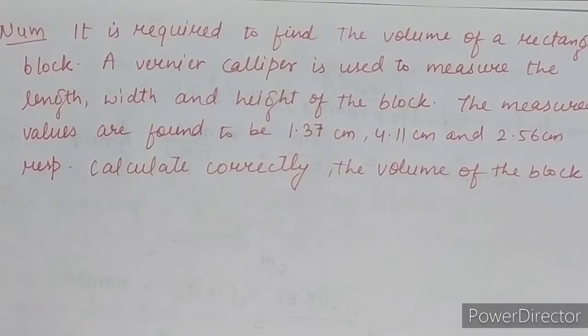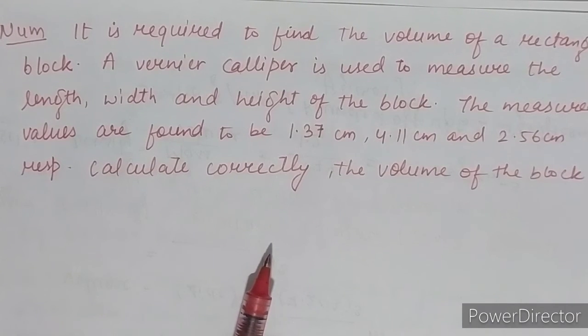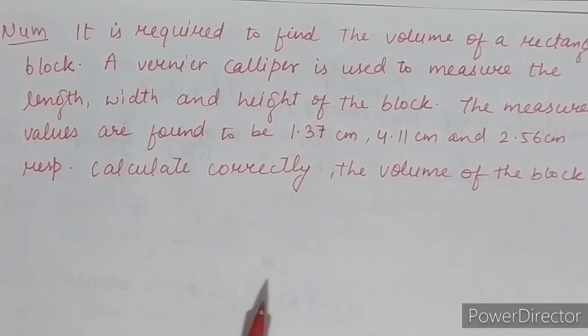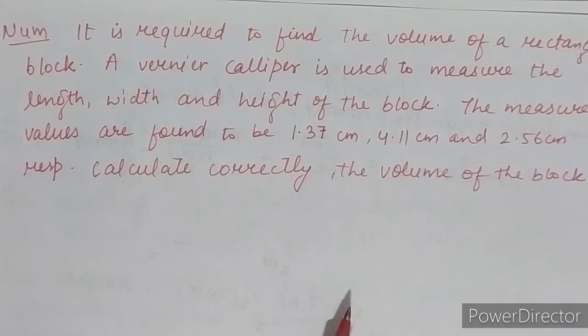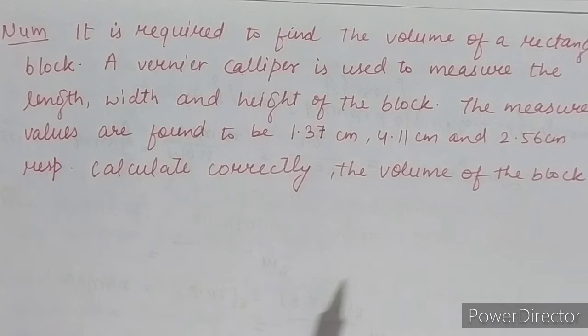And you know the formula of the volume, L into B into H. First you have to calculate this, then you have to find the error, delta V upon V, delta L upon L, delta B upon B, delta H upon H, and all that have the same error. Okay, and the error is 0.01. So you have to find the value of delta V also. Clear?